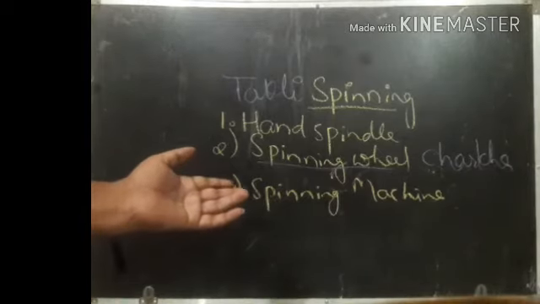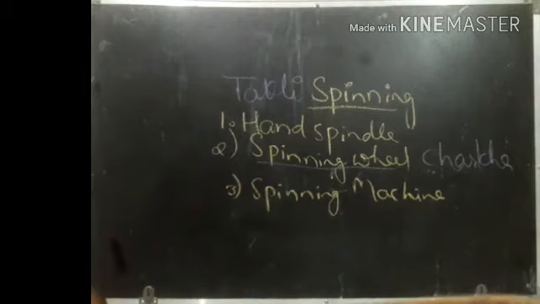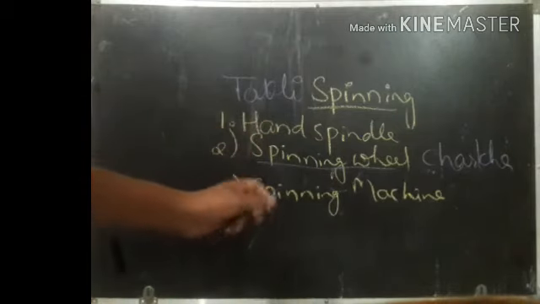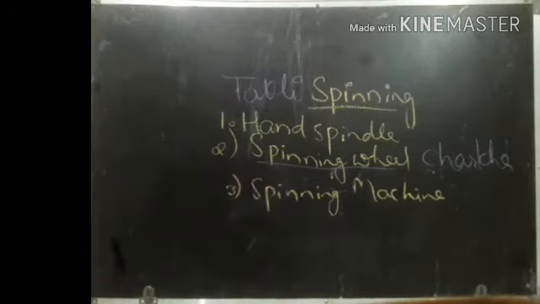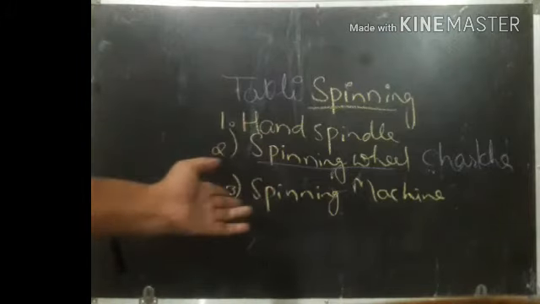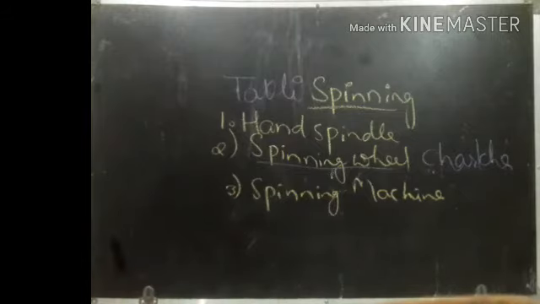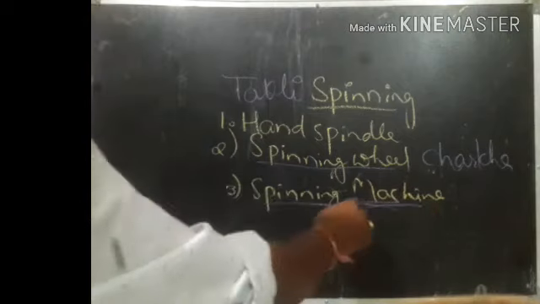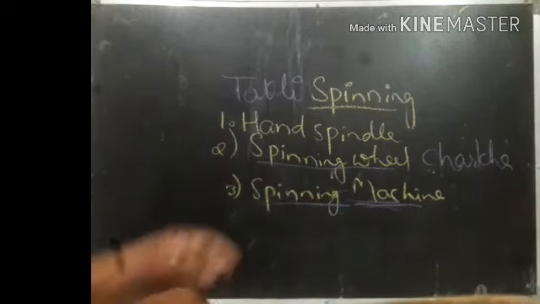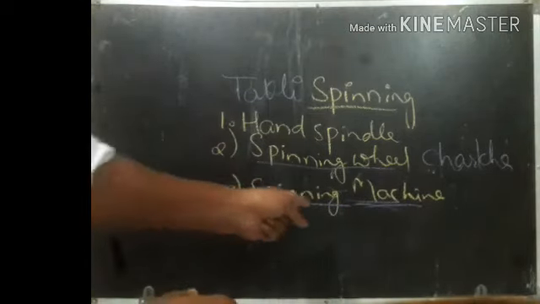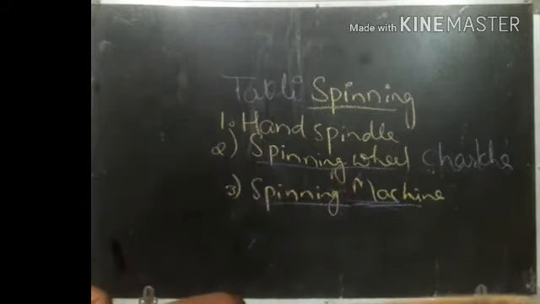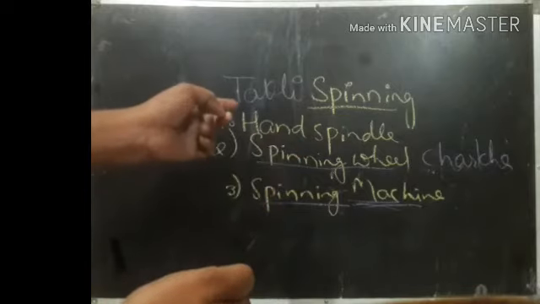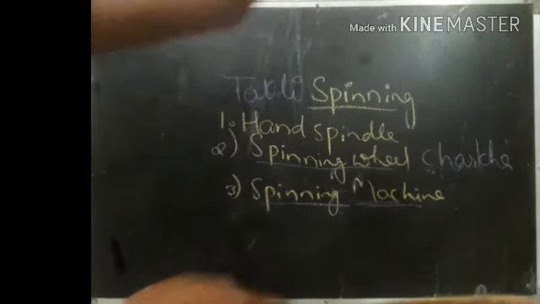Here reelers and spinners are the machine parts which rotate continuously, and the fibers are spun together to form the yarn. There is no involvement of humans in spinning, so it is called a spinning machine. By using a spinning machine we can spin the threads together so that we can get the long yarn.